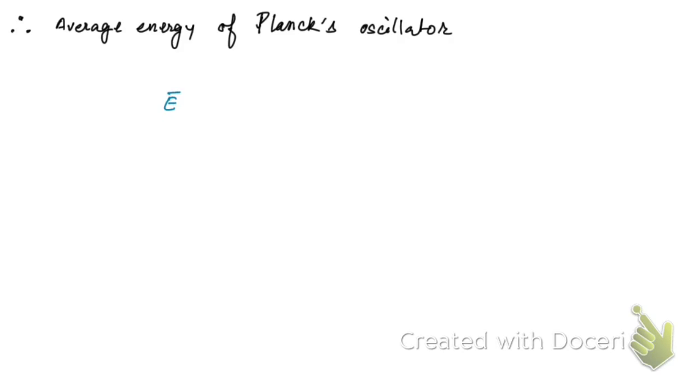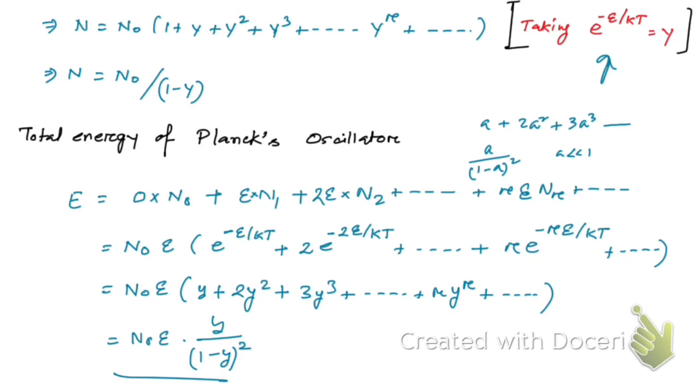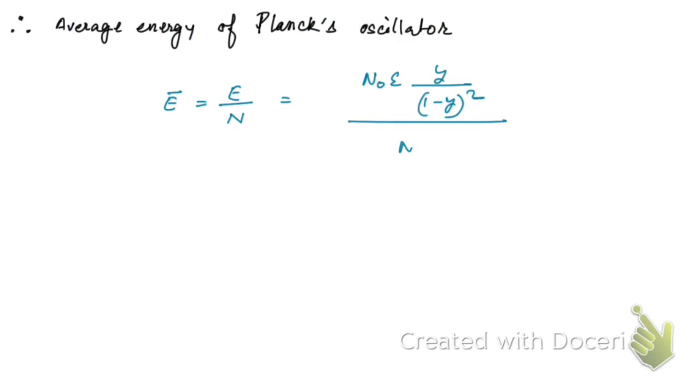Now you see, the average energy of Planck's oscillator is given by E bar equals E by capital N. So let's put the value of E that we have got in the previous slide, that is this one. Let me show you the previous slide, this one. This is E, and let's put the value of N here. So the value of N is this, right?